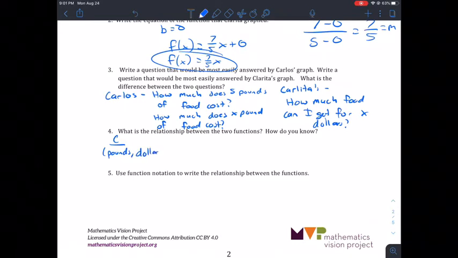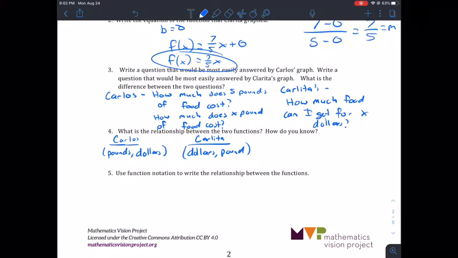Output was dollars. Oh, they're both C. We'll just have to write his name then, I guess. We have Carlos and then Carlita. Her input was dollars. Output was pounds. So they're kind of flipped, right? So you could say between the two functions, they flipped the input and output.